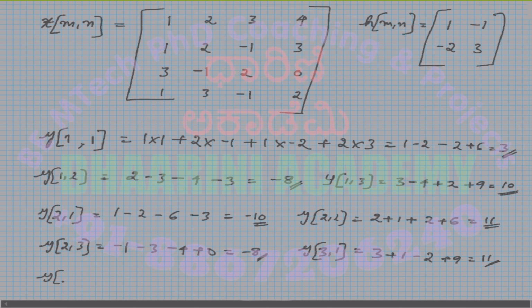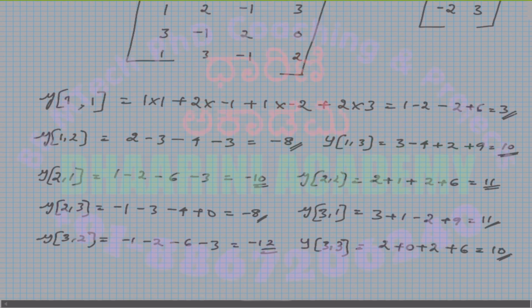Okay. Then y of 3 comma 2. This is minus 1 minus 2 minus 6 minus 3, minus 12. Then we have y of 3 comma 3. So that is 2 plus 0 plus 2 plus 6, so 10.